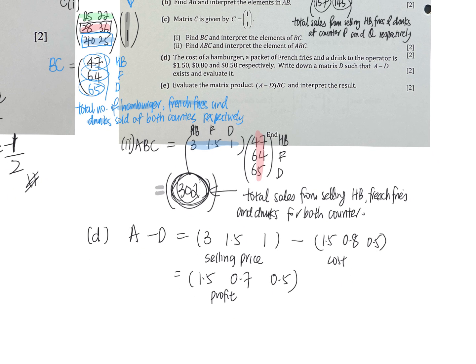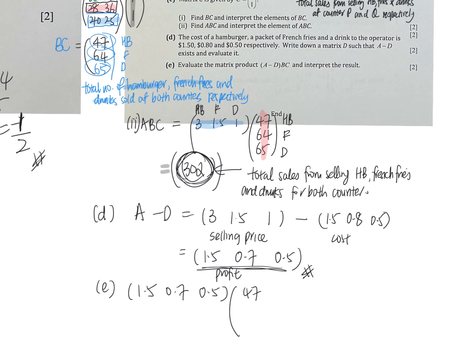So now they say, this is the evaluation. So now using this, they ask you to multiply to my BC. So I repeat the same process. Just now this one is the total sales. Okay, but when I calculate this, what am I finding?